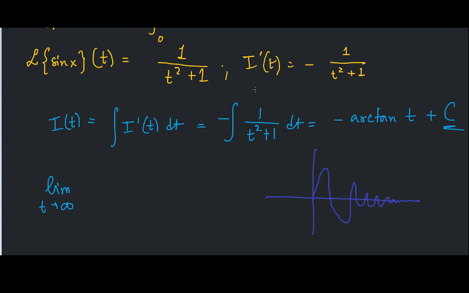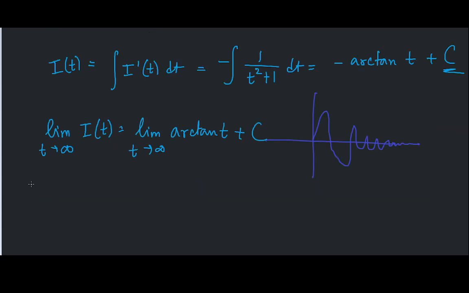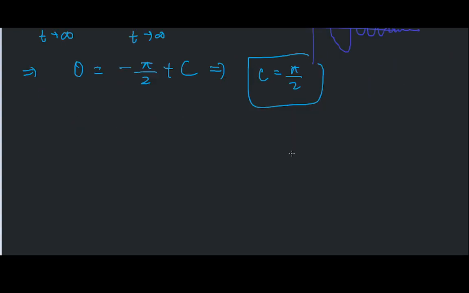So I of t would be equal to the limit as t approaches infinity of negative arctangent of t plus c, or you have that 0 equals negative pi over 2 plus c, or c being just equal to pi over 2. Cool. So therefore your integral function I of t is simply negative arctangent of t plus pi over 2.